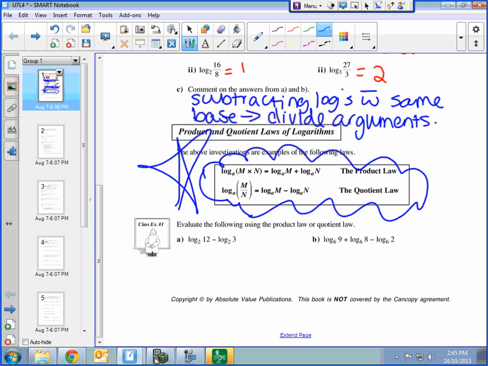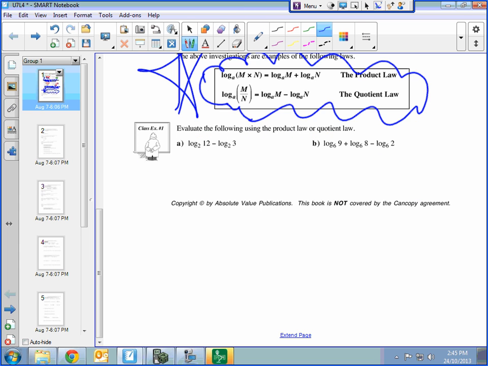Okay, so let's try these. Am I going too fast or are you guys doing okay? No problem. Okay, biggest thing, are the bases the same? So look in part A, are the bases the same? Yes, what is my base? 2.